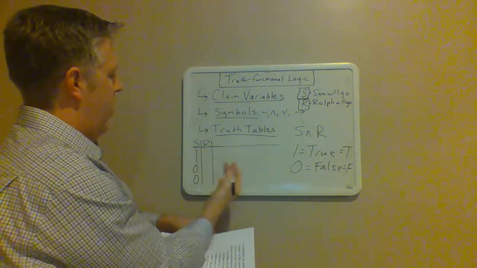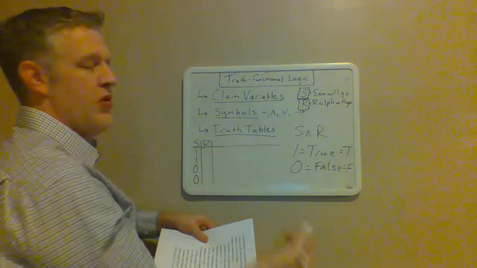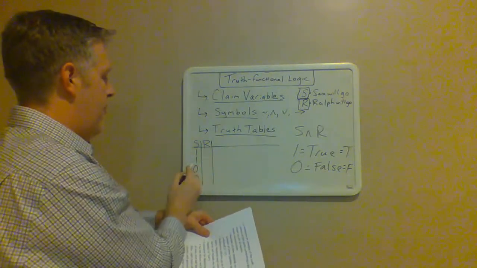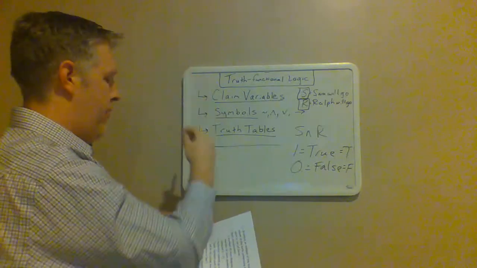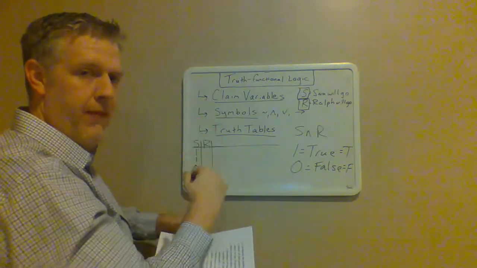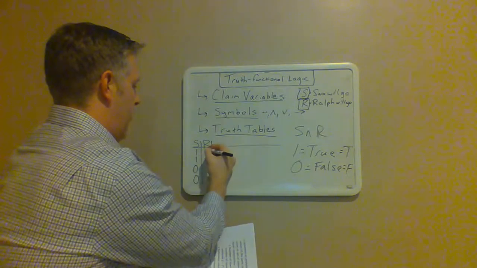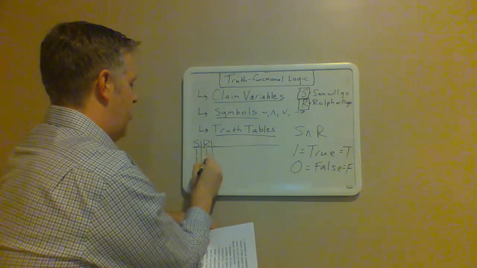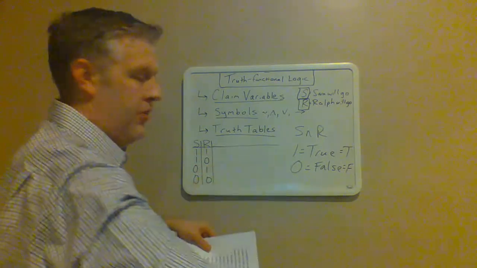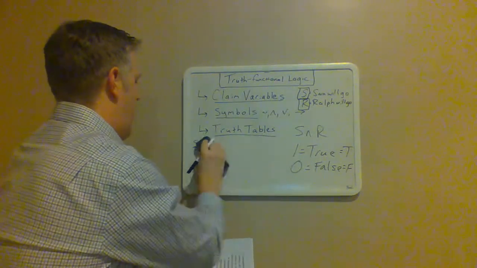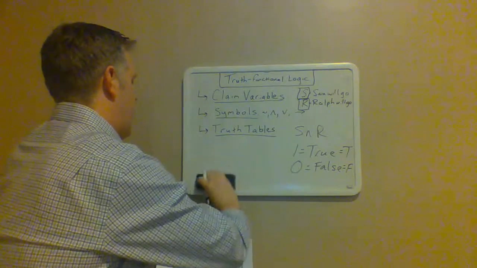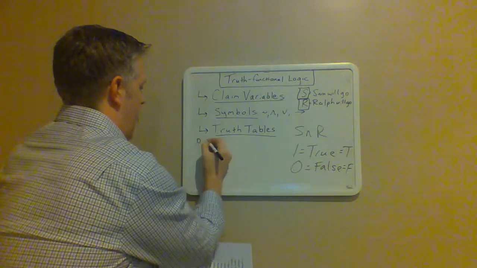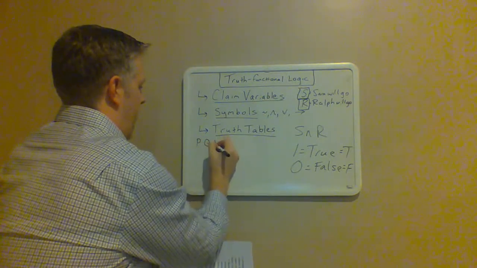So on your table, whatever claim variable you stick to the far left, whatever reference column is on the far left, it's always going to be half true on the top, and the bottom half will always be false. And then the next column over will be divided in half. So if there are just two variables, it'll be true, false. But let's throw in real quick a 3-claim variable table to see what it looks like.